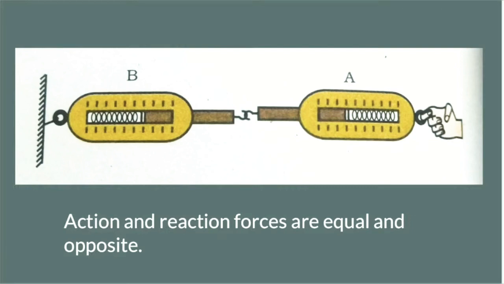This means that the force exerted by spring balance A on balance B is equal but opposite in direction to the force exerted by balance B on balance A. Here, note that the force which balance A exerts on balance B is called the action, and the force of balance B on balance A is called the reaction.